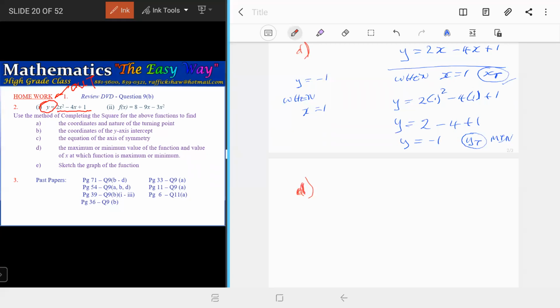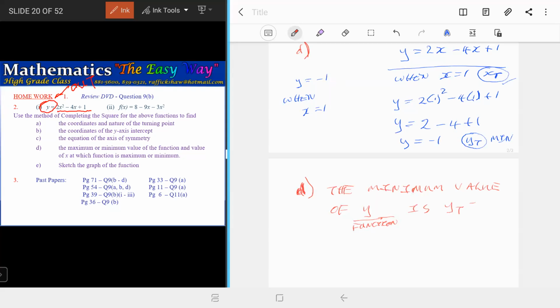And we know it's a minimum. So we're going to say the minimum value of y. Instead of saying y, I could have said the function. The function is y. The minimum value of the function, which is y, is the yt value.